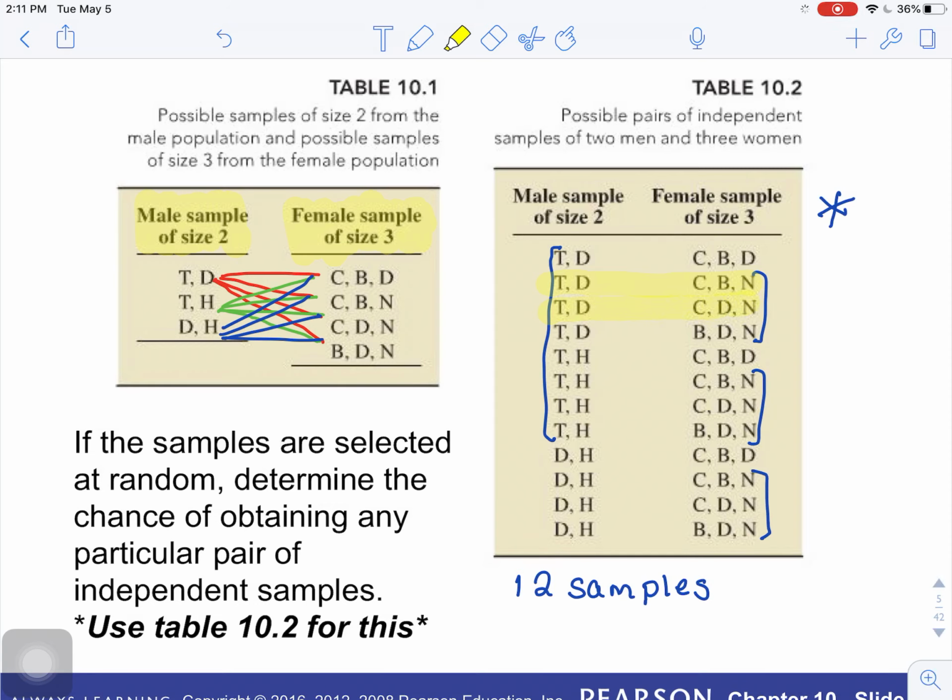So we have Tom and Nancy, Tom and Nancy, and so on, six times. So out of our 12 possible samples, we have 6 that contain both Tom and Nancy. So the probability of selecting Tom and Nancy is going to be 1/2.